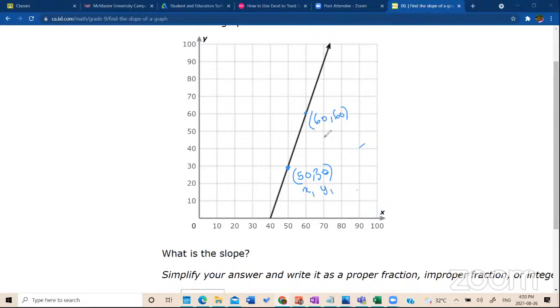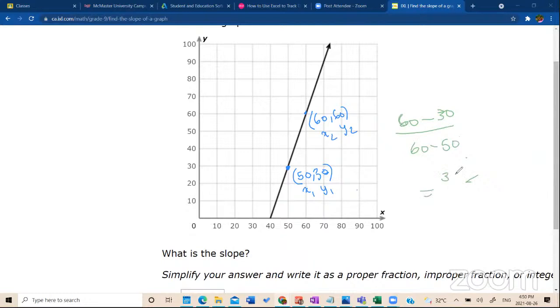Then it's going to be 60 minus 30, and it's going to be 60 minus 50. Okay, so 60 minus 30, very good, and we have 60 minus 50.